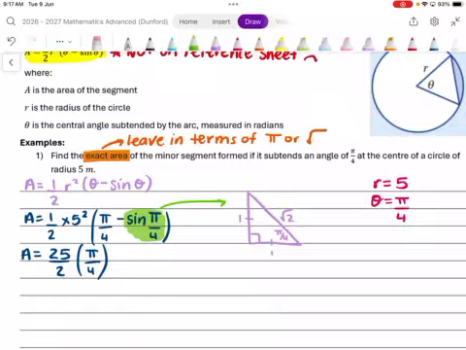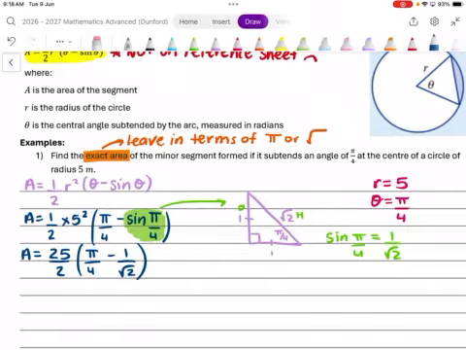What we have is that our sine pi on 4 is going to equal 1 on root 2 because we have our opposite and our hypotenuse. So, whoops, I shouldn't have closed that bracket. What we have is 25 on 2, pi on 4 minus, instead of sine pi on 4, we're going to have 1 on root 2.